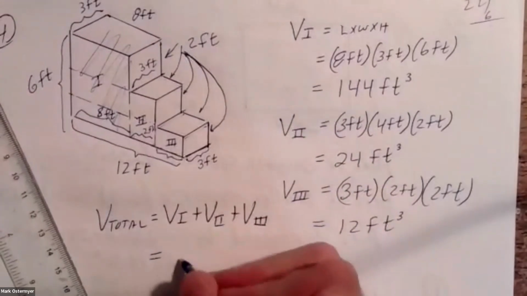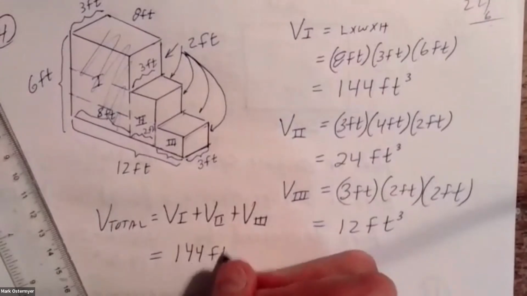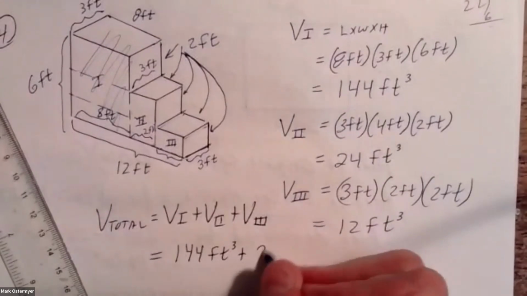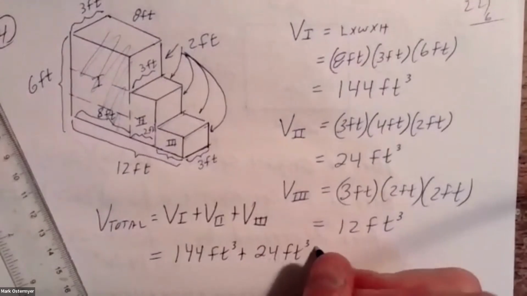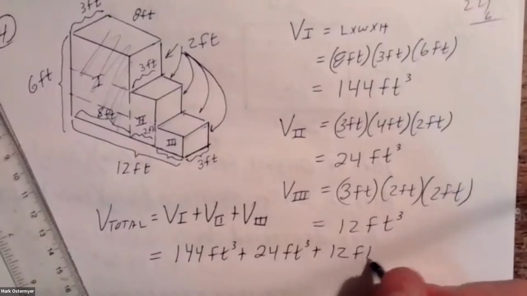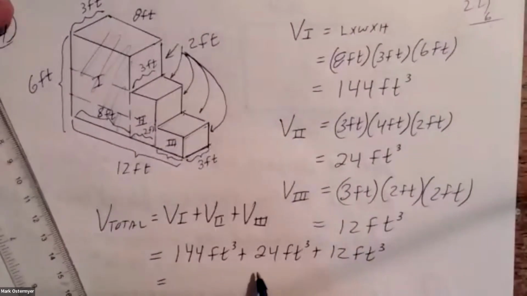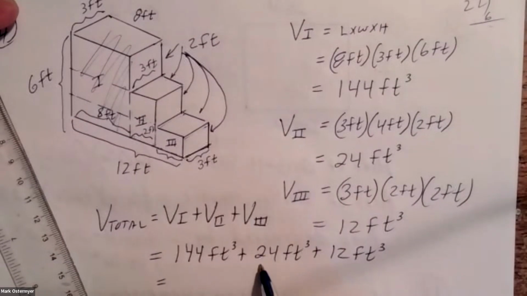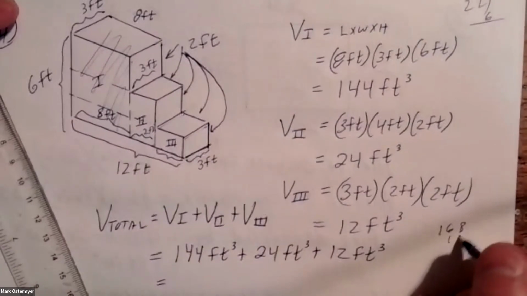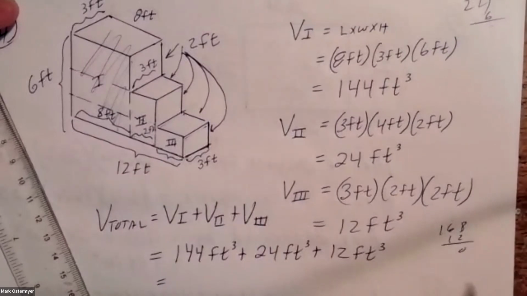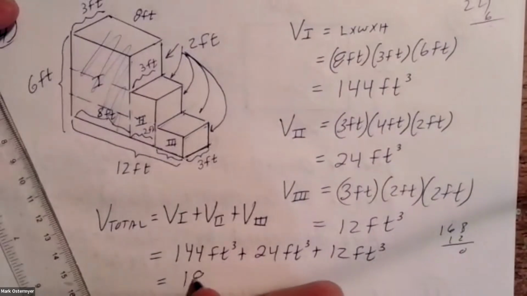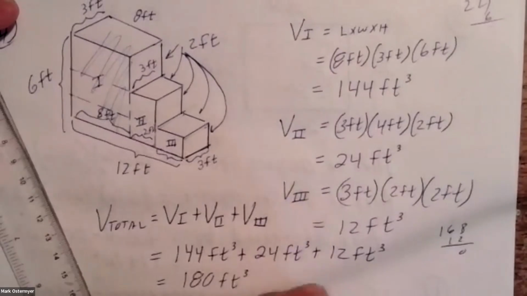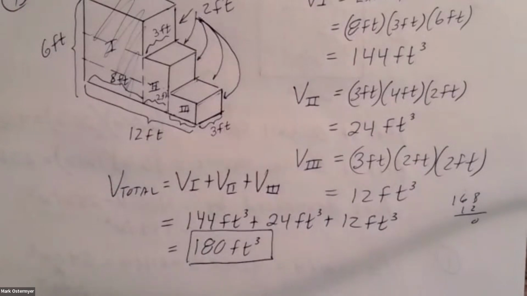So that's going to be volume 1, which is 144 cubic feet, added to volume 2, which is 24 cubic feet, added to volume 3, which is 12 cubic feet. What's 144 plus 24? 168. What's 168 plus 12? 180. 180 cubic feet would be the volume of that entire staircase, ladies and gentlemen. That's the volume of the whole thing.